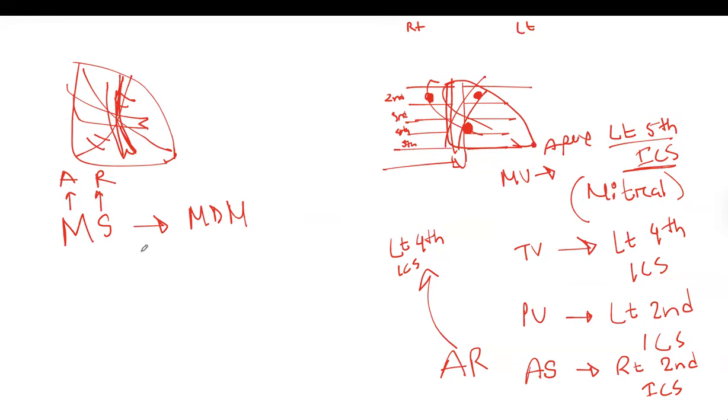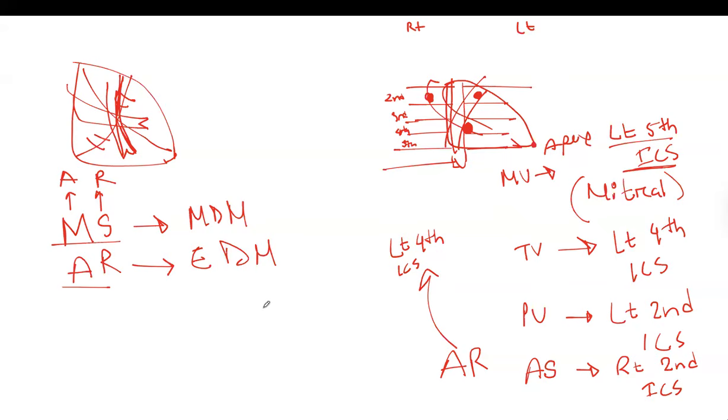It's not actually opposite, just for remembering. So mitral stenosis and aortic regurgitation murmurs are diastolic murmurs. But the aortic regurgitation murmur is called an early diastolic murmur.